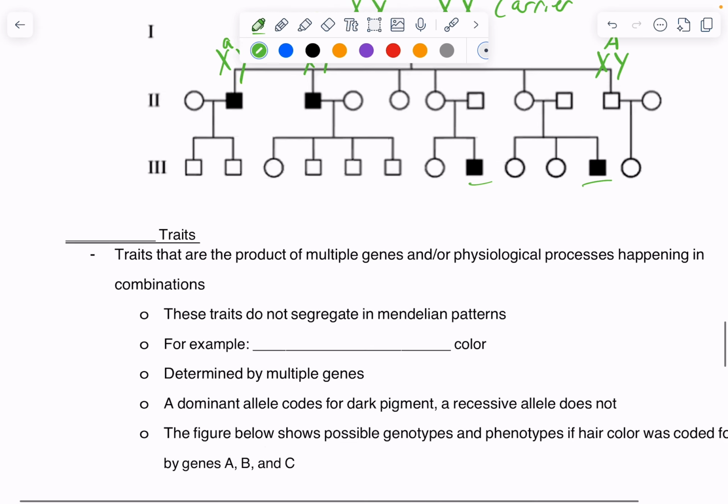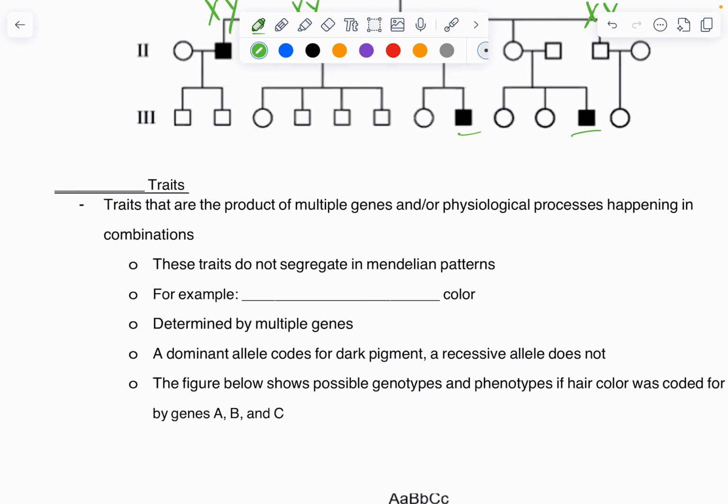All right, and then keeping up our trend with non-Mendelian genetics, our next one is called polygenic traits. These are traits that are the product of multiple genes and/or physiological processes happening in combination. That's a fancy way of saying that more than one gene goes into a phenotypic expression. You can think about hair color or skin color, for example.